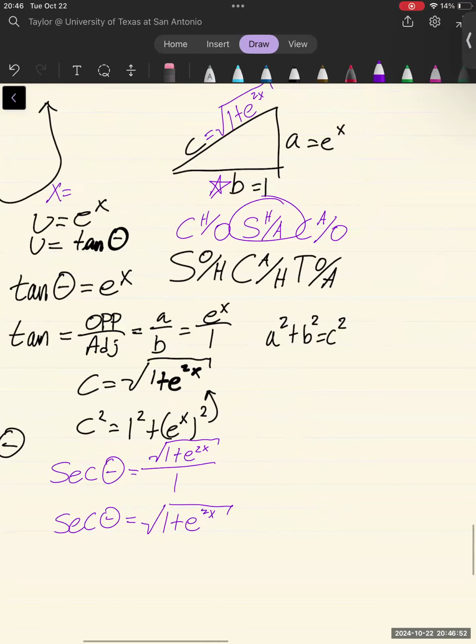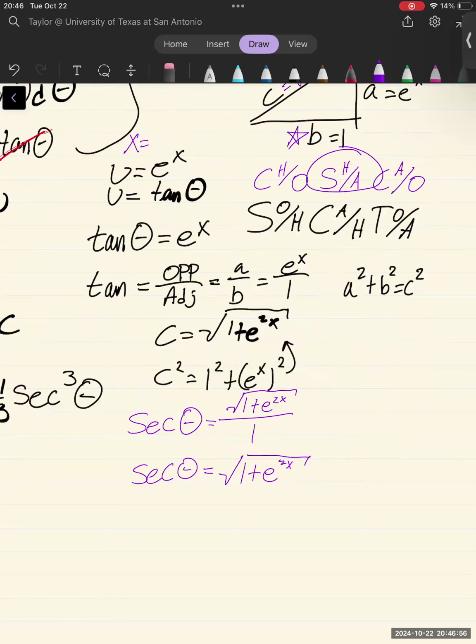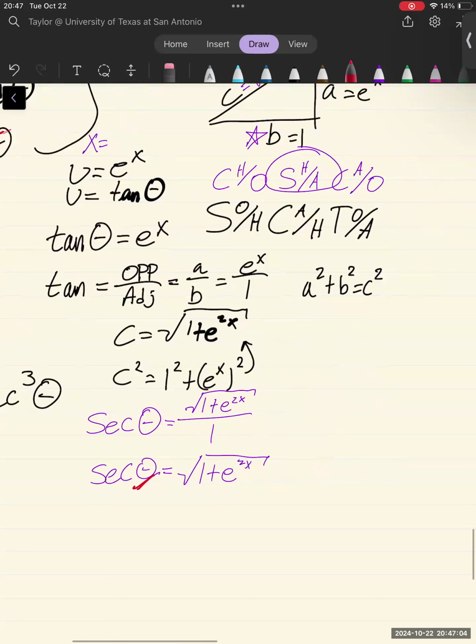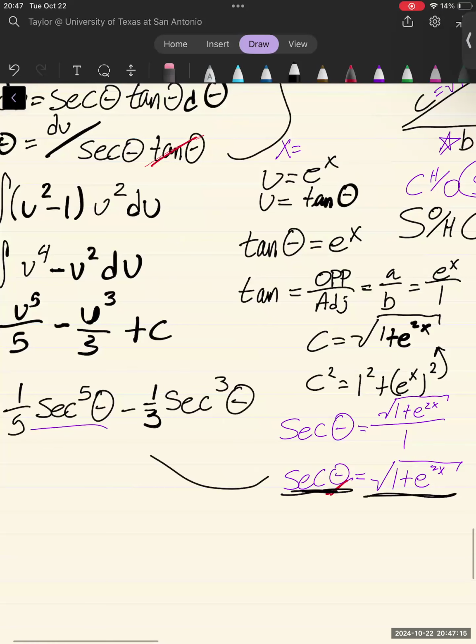Yep, nice, thank you. So now I have secant theta equals square root 1 plus e to the 2x. And so now the last step is just to substitute that back in here.